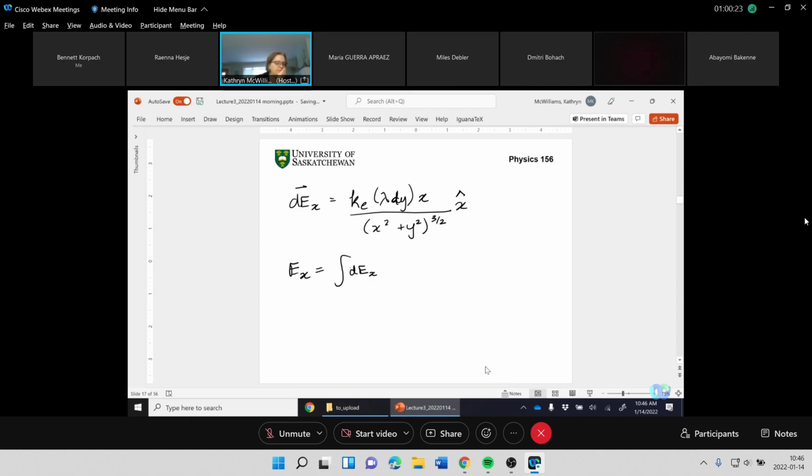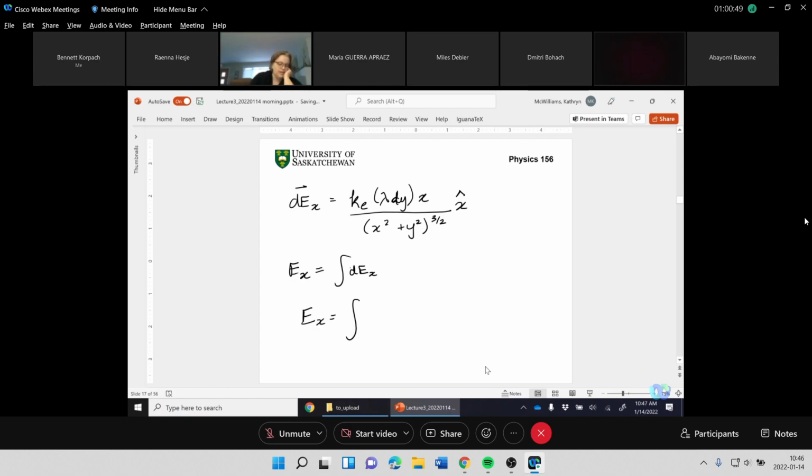Okay, so that means we have to integrate this stuff on the right hand side, right? If we have to integrate the left hand side, we have to integrate the right hand side. So if we want to find the total electric field at point P, we have to sum over all of the contributions of the little bits of electric field that are created by the little elemental charges for the whole object.